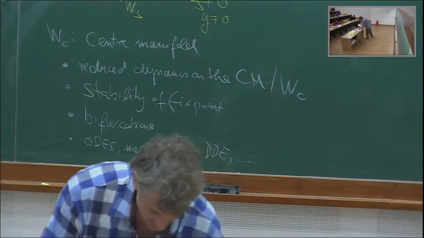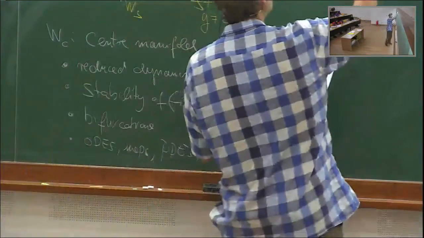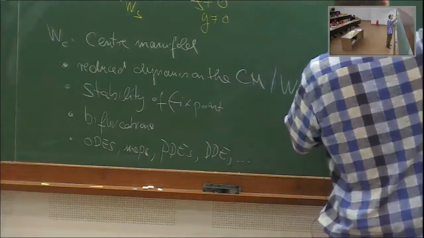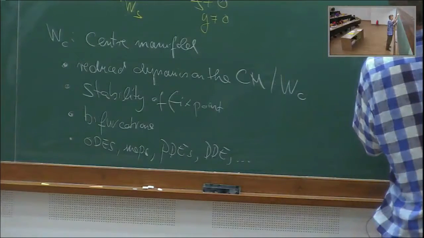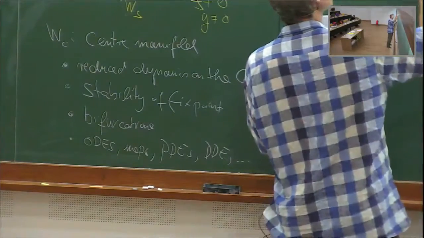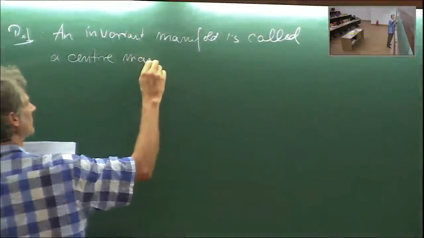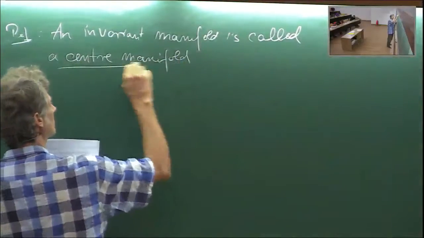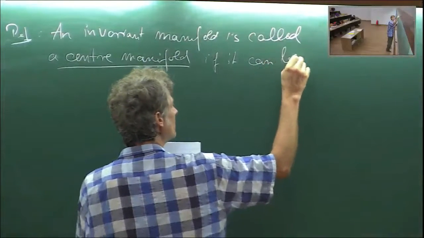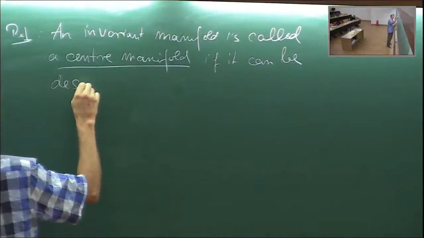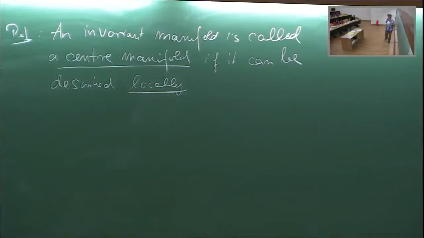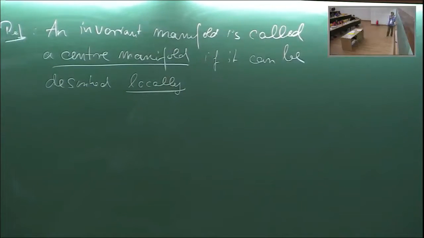So let's define what a center manifold is. Just a definition. So an invariant manifold is called a center manifold if it can be described locally, and I'm going to underline locally, so everything we do here is local, close to the fixed point.